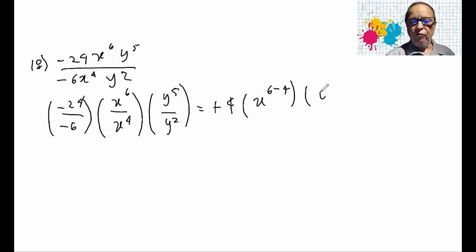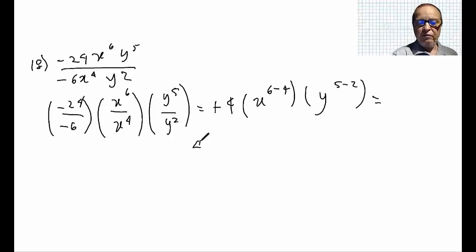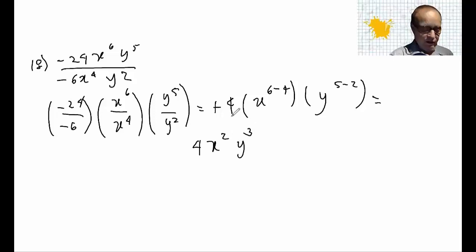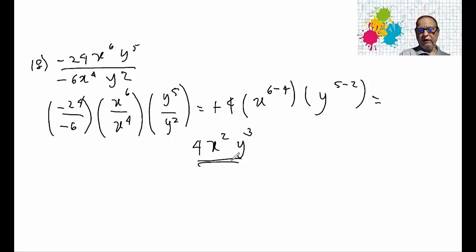And then we have y, 5 minus 2. And now we can finish it up. 4, x, 6 minus 4 is 2. And 5 minus 2 is 3, so that's going to be y to the 3rd. And that's our final answer.